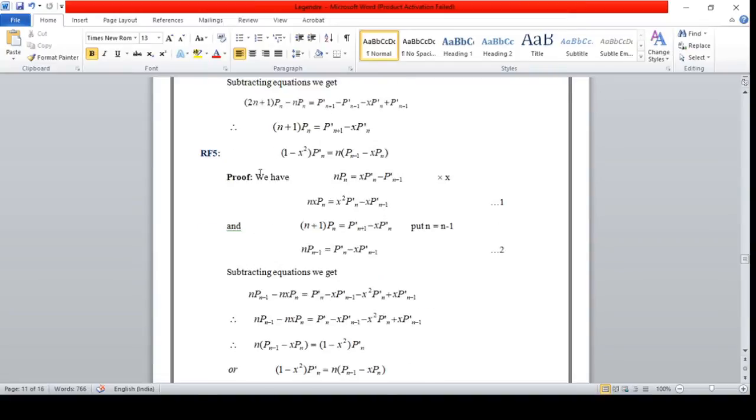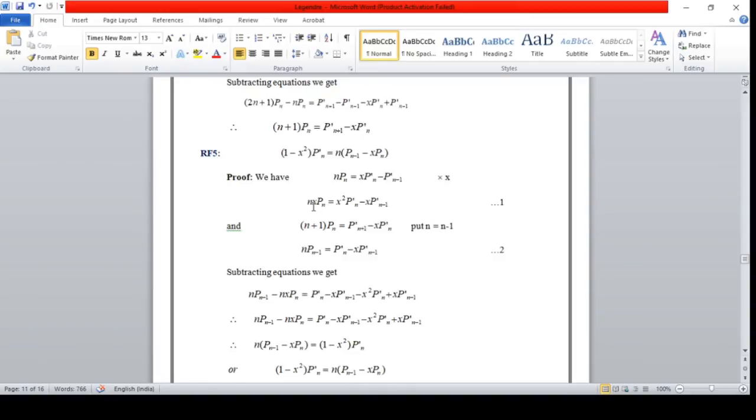Fifth recurrence formula, 1 minus x square P dash n is equal to n Pn minus 1 minus x Pn. Proof. We have the previous recurrence formula, nPn is equal to x P dash n minus P dash n minus 1, and this recurrence formula multiplied by x.